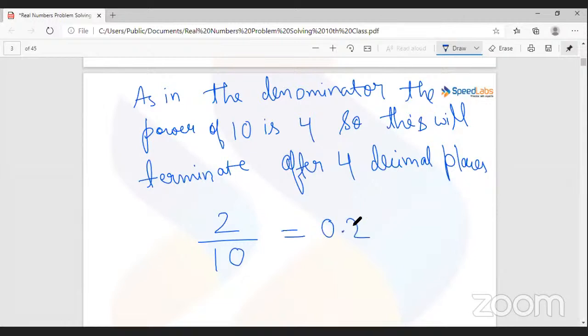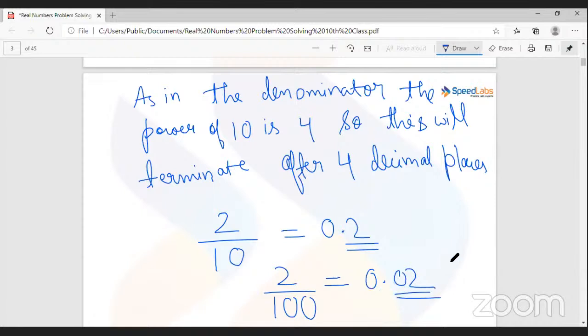So how many places after decimal? 1. Okay, great. Now if I write 2 by 100, then what will I get? 0.02. Now how many places after decimal? 2. Okay, ma'am, got it. Now got it? Great.